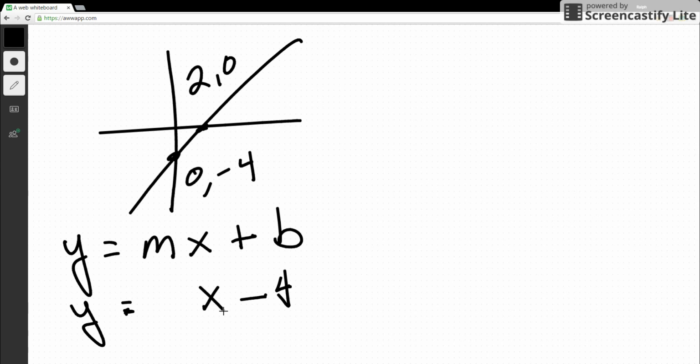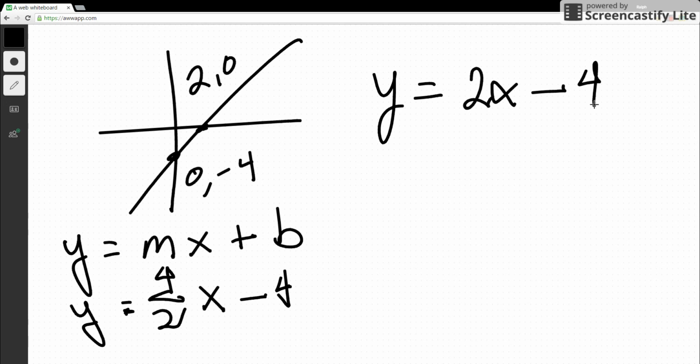I just got to find my slope. If I counted the rise over the run, it would come out to up 4 over 2 spaces. So after I reduce, that is the slope.